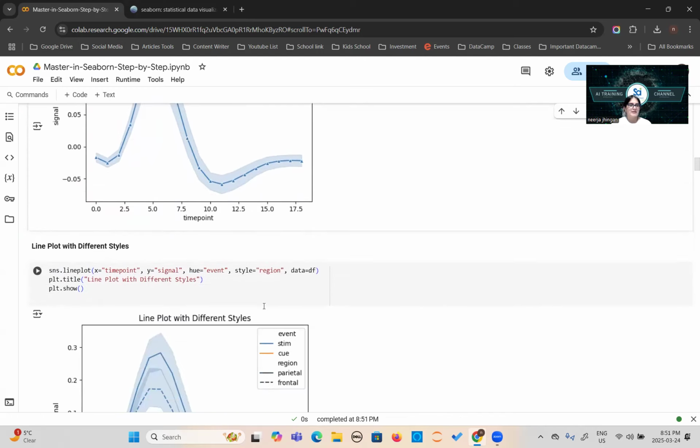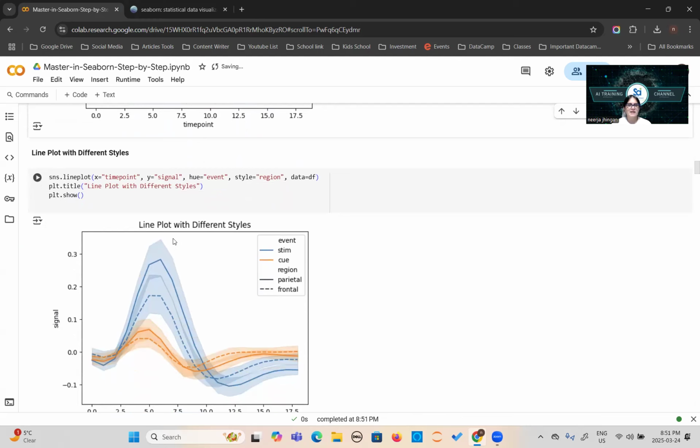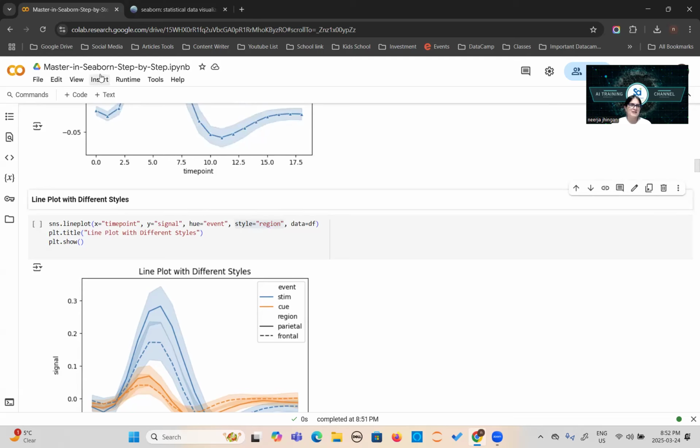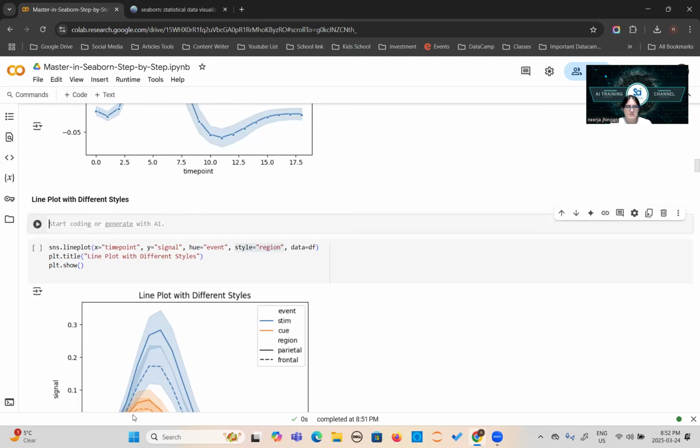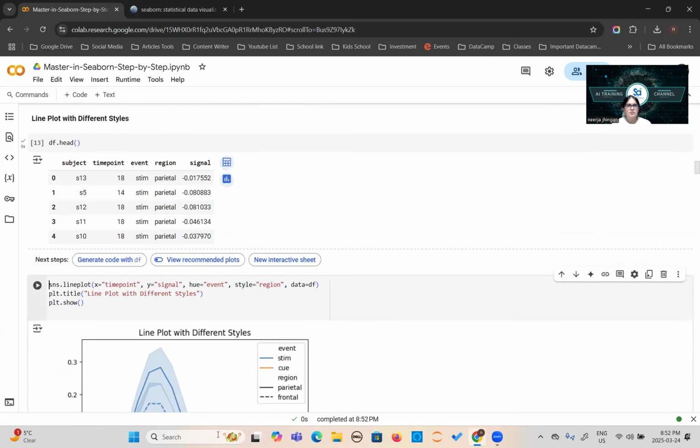And then line with a different style means you can add the region too. Let me show you the data set. So df.head. Okay, so this is the data set. You have already used the time point and event. Now we are using the region.